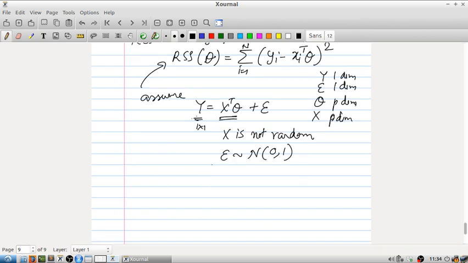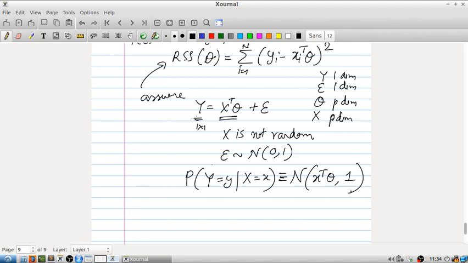Now if I assume this, then the probability of y taking a value little y given x taking a value little x is actually just normal, let me put 3 equal to here. I'm not going to expand on the n, so it's just going to be N(x transpose theta, 1). Okay. Why is that?